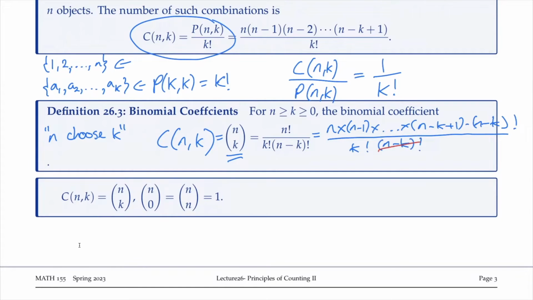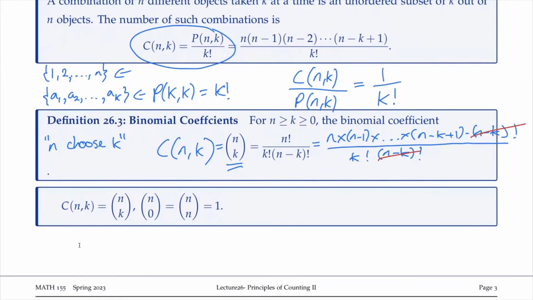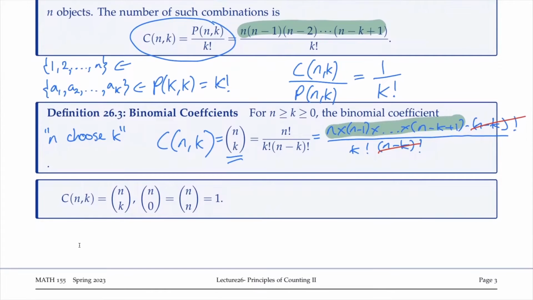So at this point, we can cancel these factorials here, and we just have a k factorial on the bottom. So this proves that we can write our combinations of k objects from n objects as n choose k, which is n factorial over k factorial times n minus k factorial.